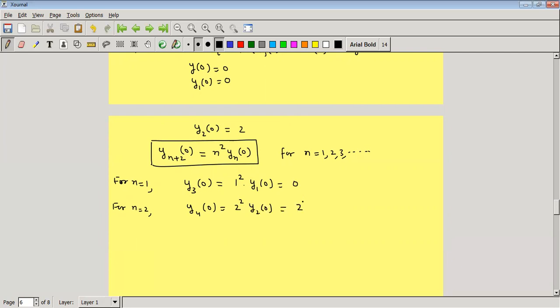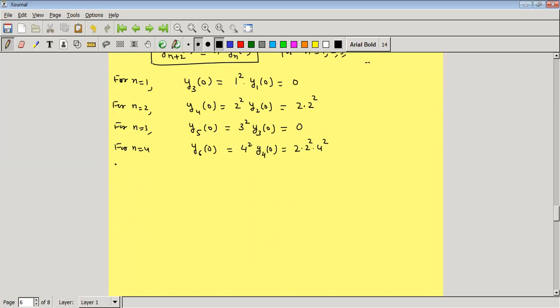So we can write 2 into 2 square. For n equal to 3, y5(0) is equal to 3 square into y3(0), and y3(0) is equal to 0. So we get 0. For n equal to 4, y6(0) is 4 square into y4(0), and y4(0) is 2 into 2 square. So we can write 2 into 2 square into 4 square.